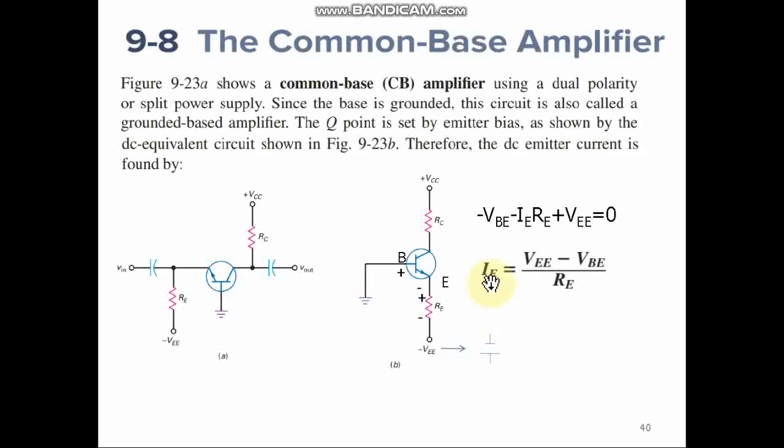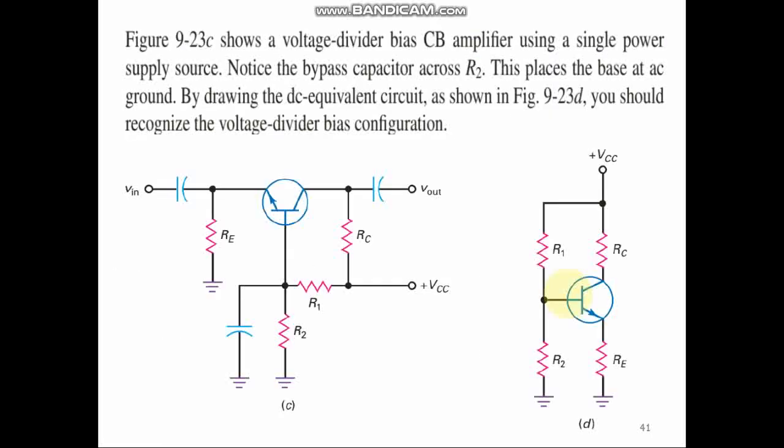So your final IE will be (VEE minus VBE) upon RE. So this way you can find out the DC emitter current.